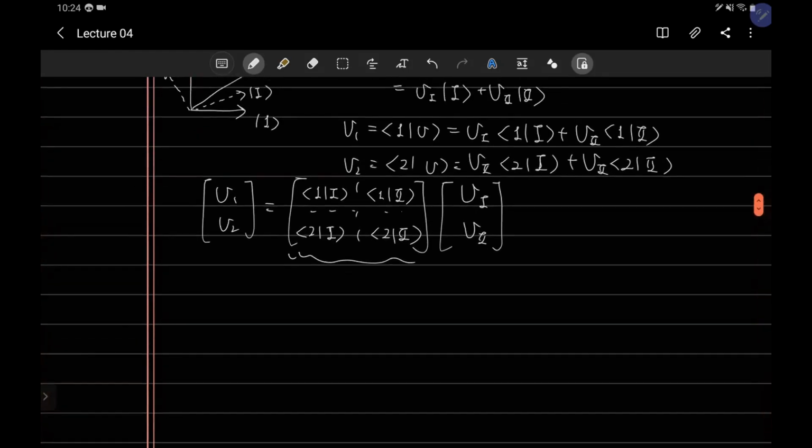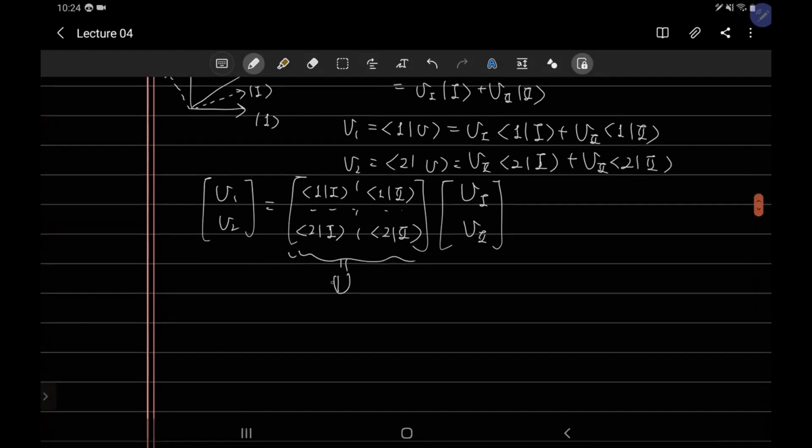Well, the first thing we should consider is that whenever I'm talking about the matrix explicitly, I would use this kind of notation. Instead of writing just like this, I will have the double line.